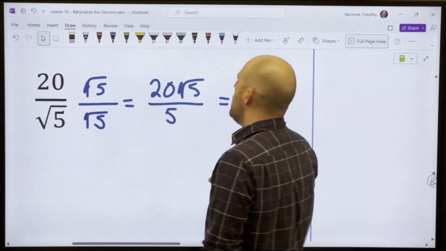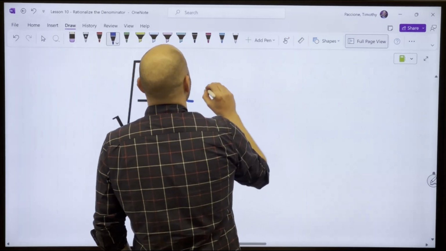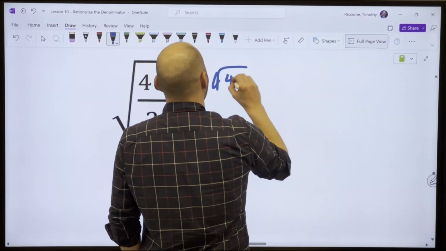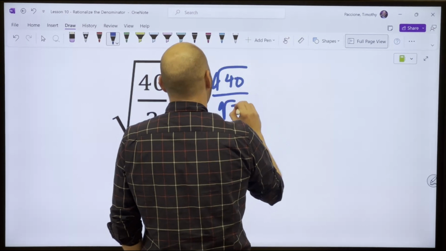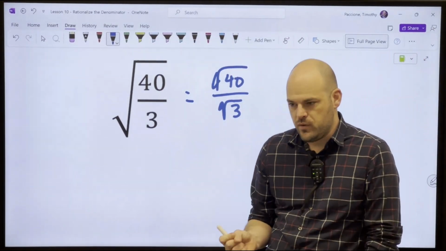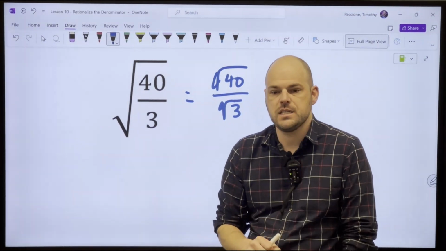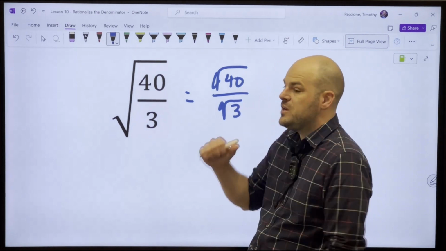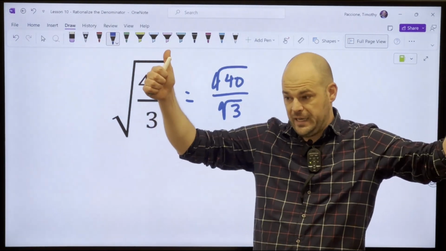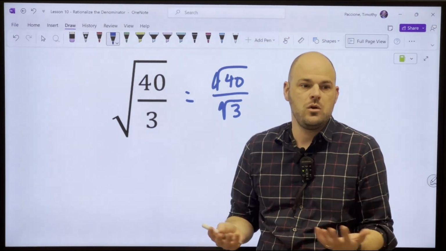Over here, I end up with square root of 40 over square root of 3. Now, at this point, you might think, sweet, square root of 3 over square root of 3. However, you might want to simplify the top first, because if you multiply that by square root of 3, you're going to bump it up to 120, and that's a much bigger thing to simplify than square root of 40.